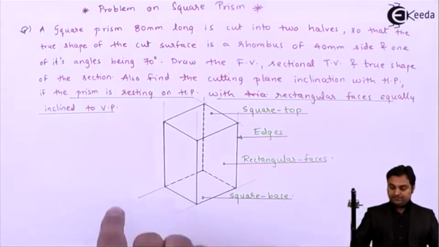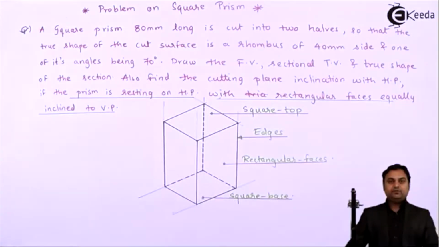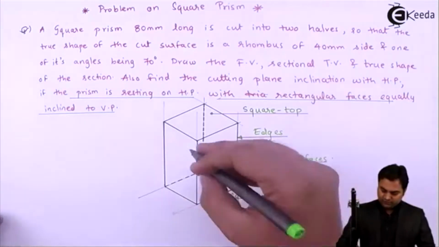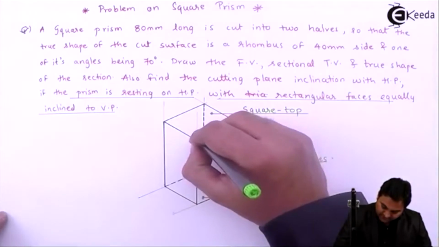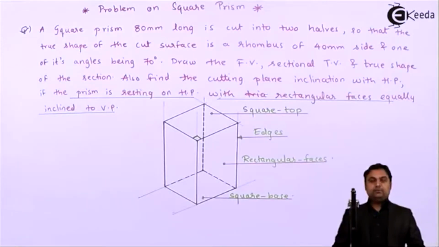Now the condition is the prism is resting on HP with rectangular faces equally inclined to VP. So the faces are equally inclined to VP, that will be visible in HP. And here if we see for a square, the sides are inclined at 90°. And now I'll explain this condition in the problem.